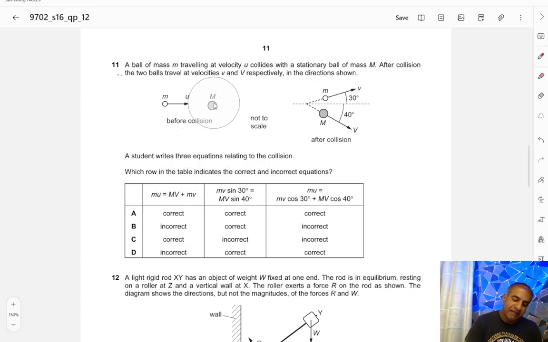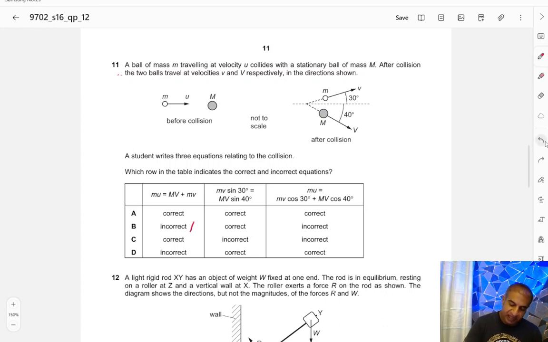The reason is that both the masses are moving at certain angles. You can see that over here after collision, right? So that means we have to ignore these. The first one should be incorrect. This is wrong.